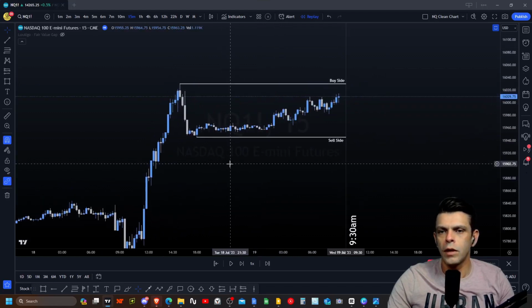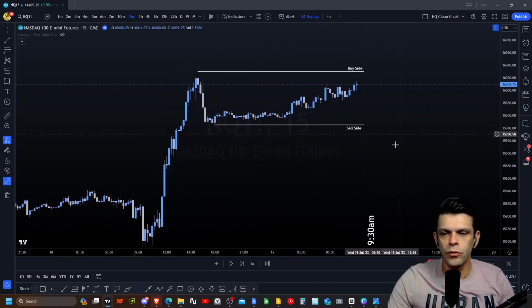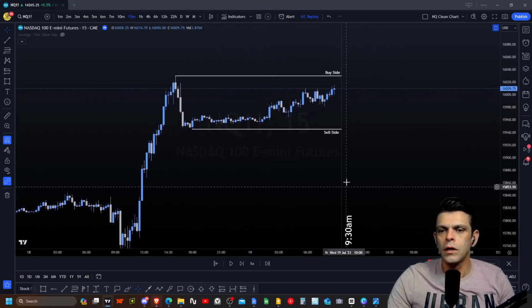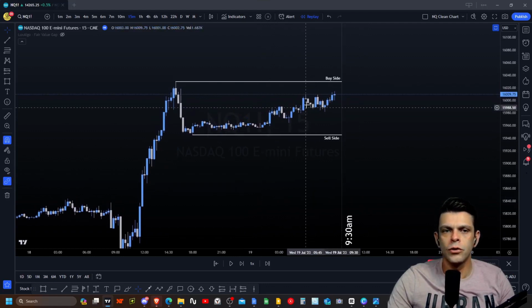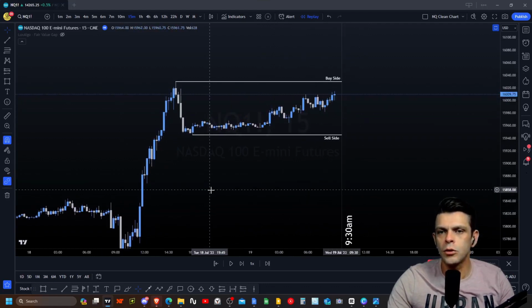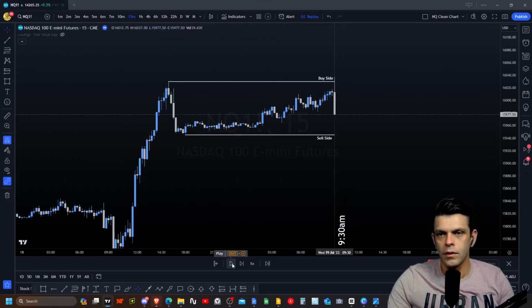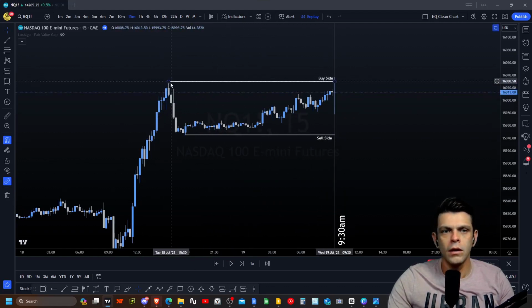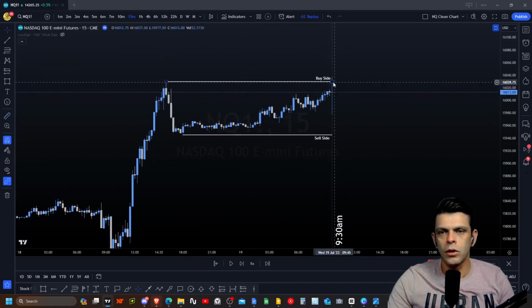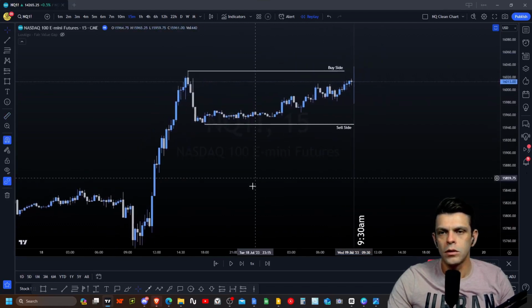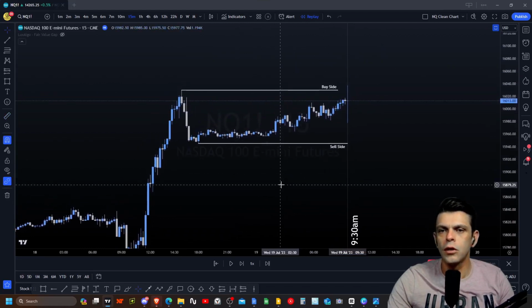Okay, now that we have our different liquidity pools marked off, we just need to wait for the session to open and for price action to take one of these levels and then displace in the opposite direction. Okay, the market opens right there, trades into the buy side liquidity almost immediately. So let's see if we get that displacement in the opposite direction.